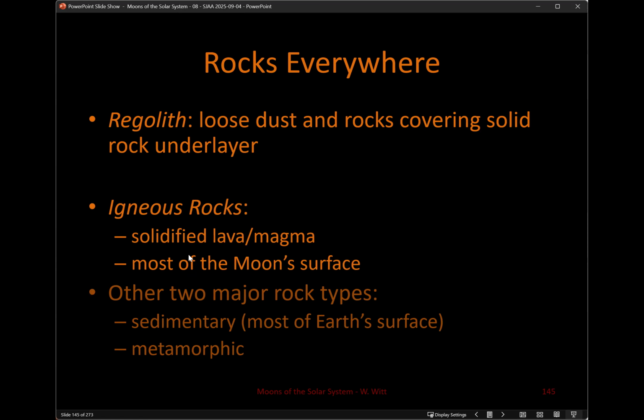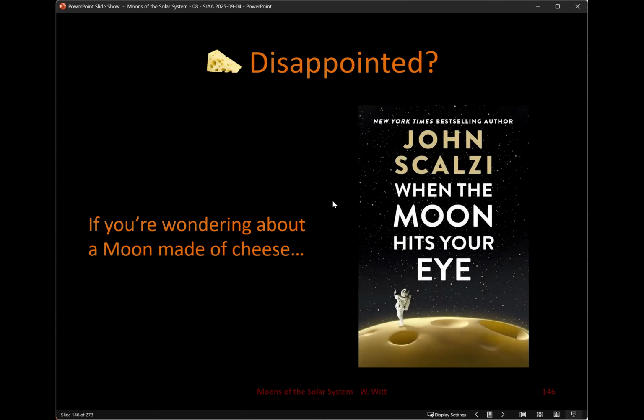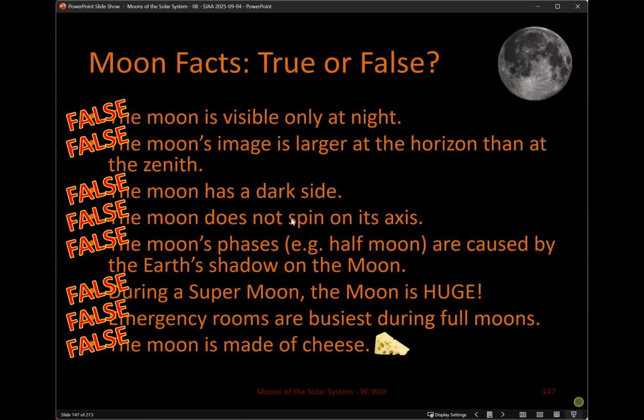And again, if you're a geologist, this goes a million layers deep in terms of complexity, but we'll leave it here for today. So no cheese on the moon, but if you want to read a book about what might happen if the moon were to turn to cheese, you can read this science fiction novel. That was kind of fun. So you could check that out. But the conclusion here is that all these guys are false.